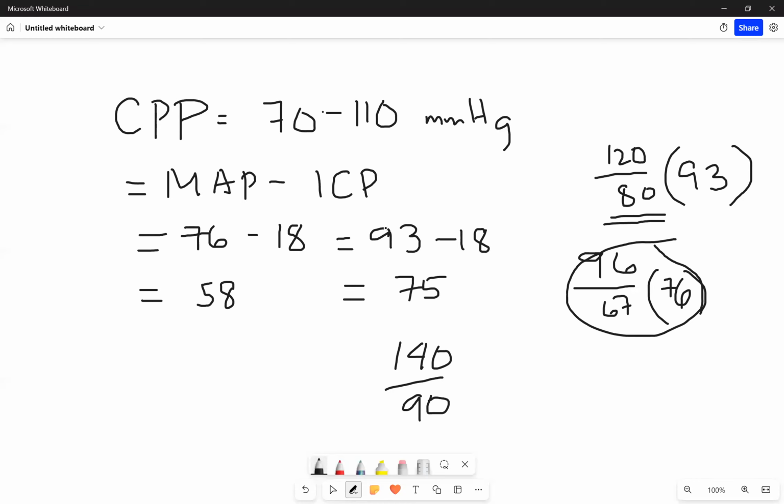What's the reason again? Why do we want it to be high? Because of the CPP. We want the CPP to be high, because when we get to the management later of controlling ICP, it's not very easy to lower ICP, because of all the compartments in our body. The torso is a compartment.